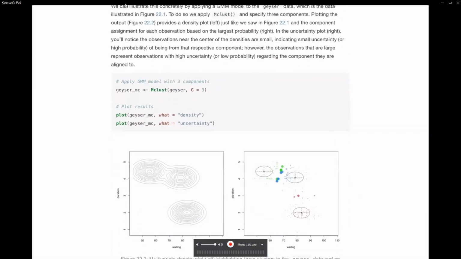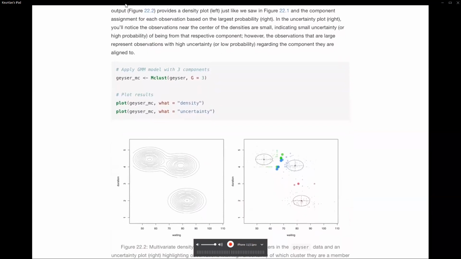And then based on these assumptions, we can draw some good insight, and based on that insight, we can develop the code for model clustering. By using the Mclust function, G means the number of clusters. Here we are using the Geyser data set, and we are thinking about three components, three clusters of the data.